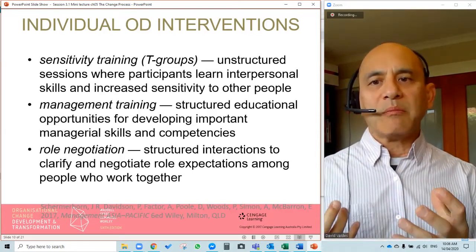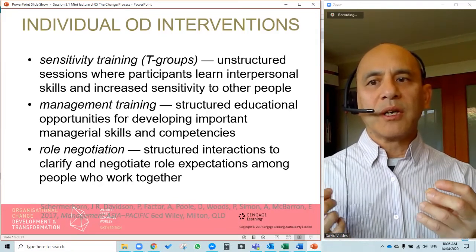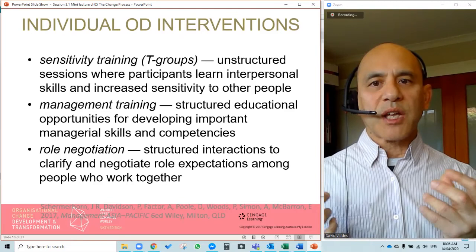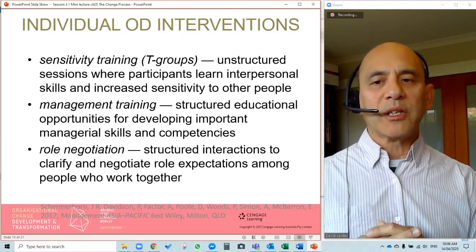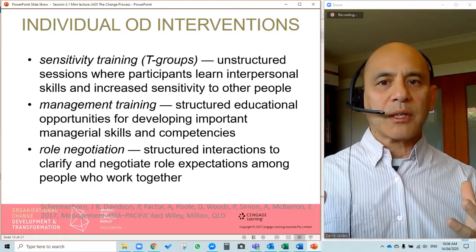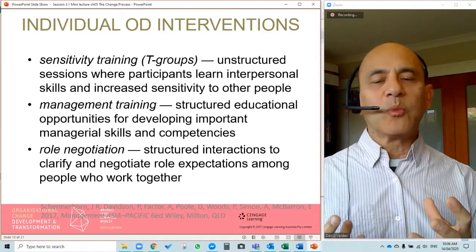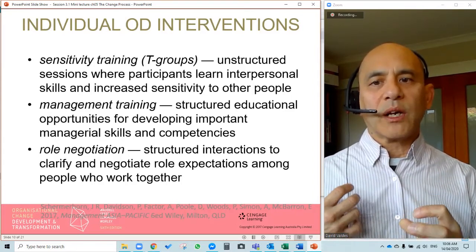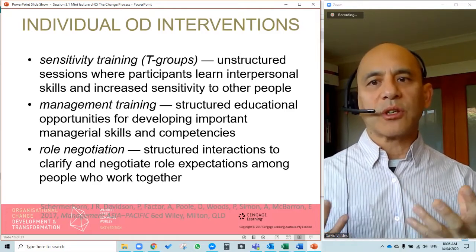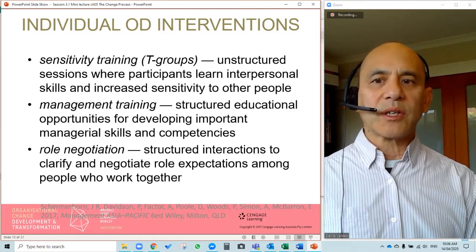This might be the cause of why the team is not working well, because some individuals, for example a team leader, is not getting along well with his subordinates, maybe because he's not very sensitive to the way he treats them. So a T group will help a leader realize that whatever actions he does has certain consequences and can have a negative impact on his staff.